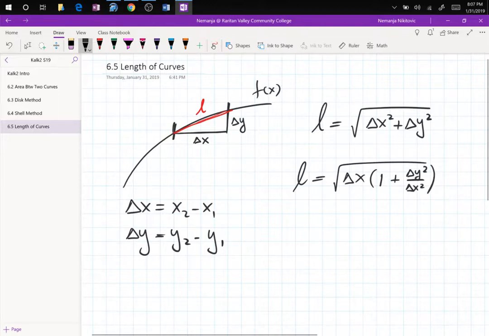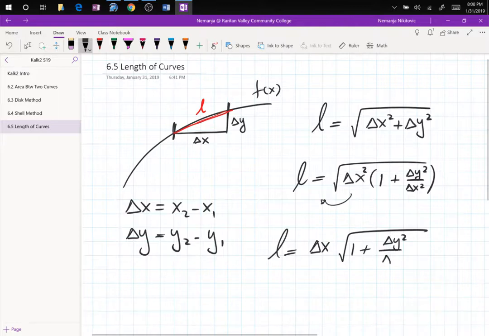So I factored out delta x squared, and I'm left with 1 plus delta y squared over delta x squared. And now this delta x squared can jump out. So I have length is equal to delta x. Now the square and square root cancel, and I just have square root of 1 plus delta y squared over delta x squared.